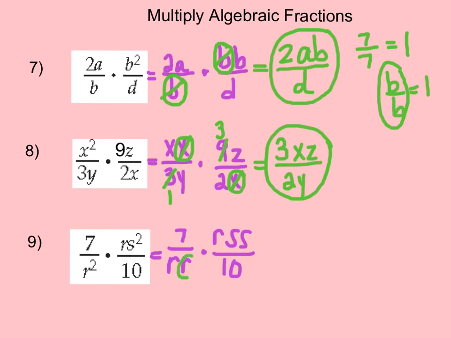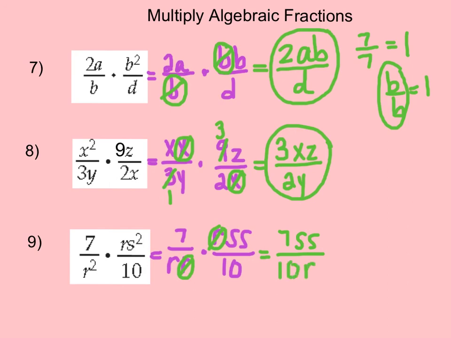So this r here and this r here, those are going to cancel. Then if I keep looking this direction, I don't see anything. So I'm going to go ahead and just multiply. On the top, there's no r's, just a 7ss. And on the bottom, I do have an r. I have a 10r.